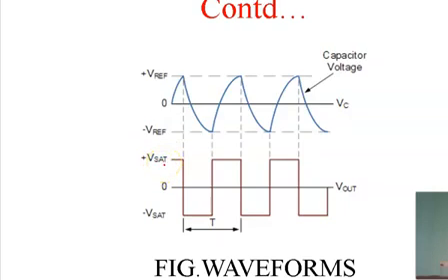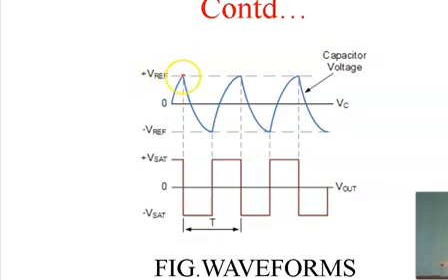When that happens, the voltage across the capacitor increases, that is, the capacitor charges. The capacitor keeps on charging until it reaches the voltage beta V saturation, which is nothing but the reference voltage.